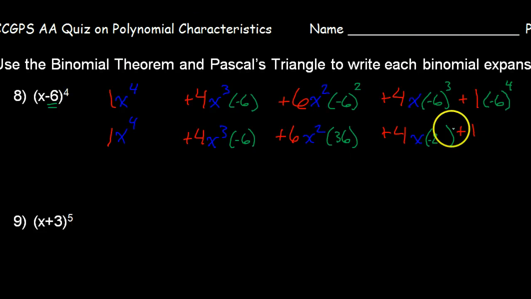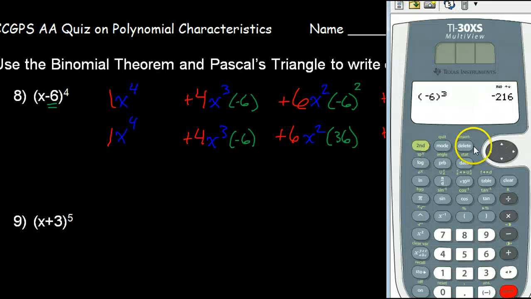Okay, so negative 216. Alright, and then negative 6 to the fourth power, this is going to be a positive number once again. So let's go ahead and do our negative 6 to the fourth power. Alright, so that's positive 1,296.